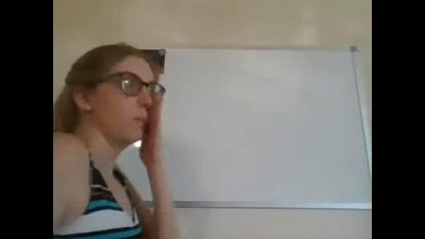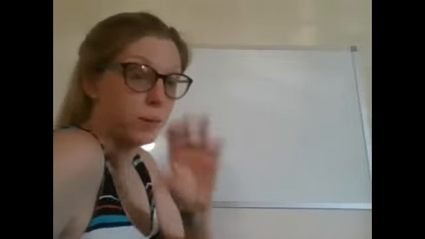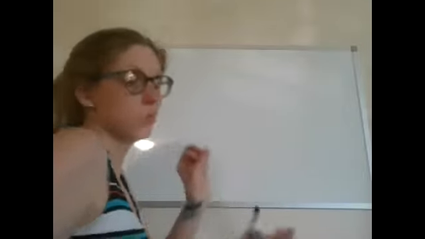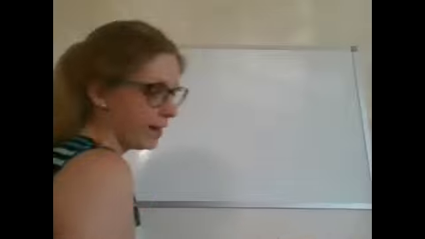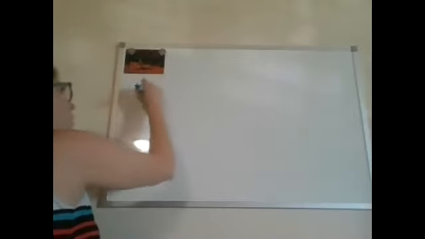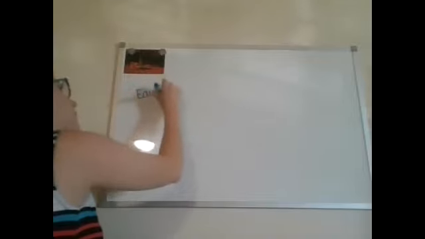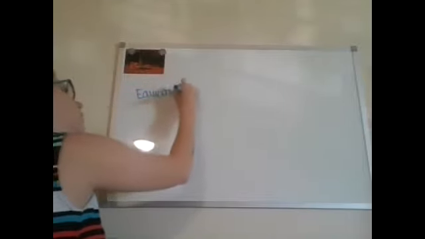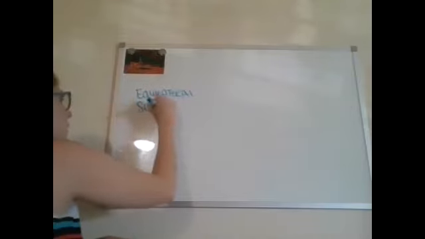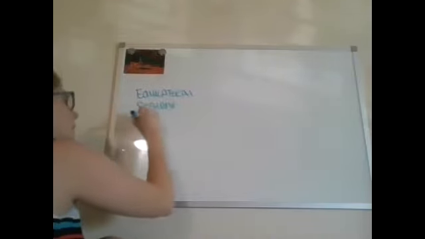But here's the trick. When we classify triangles, we usually classify them by sides and angles. So we're going to do an example or two like that. So I'm going to write up here, remember, we have equilateral, scalene, and isosceles.